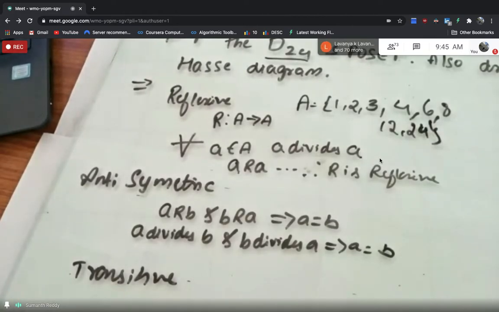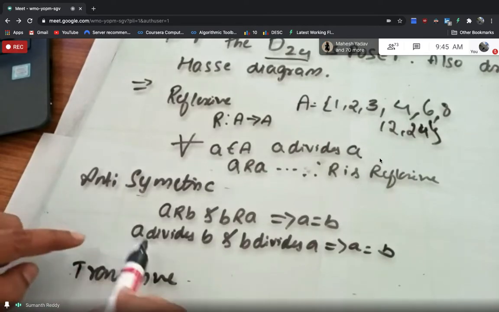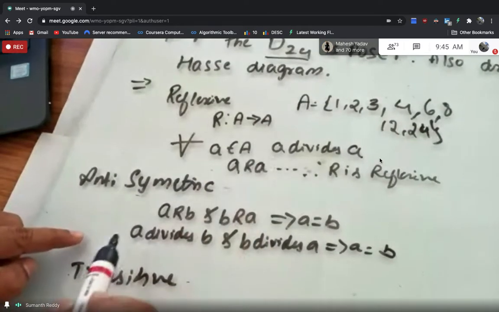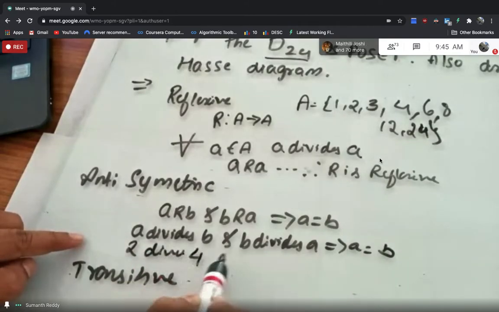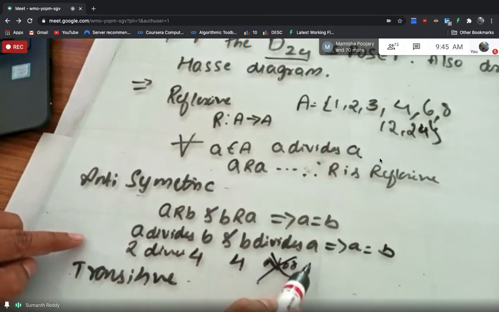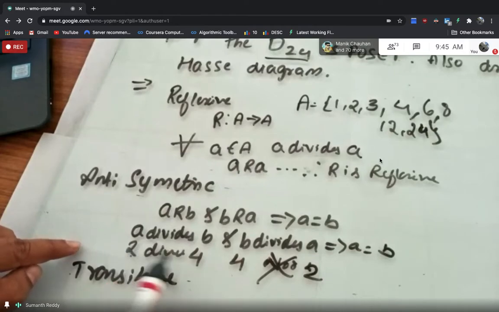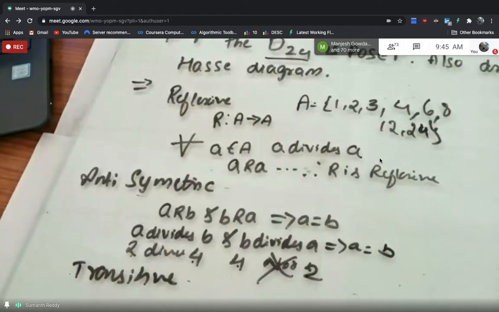Based on this, I will take an example from the set. 2 divides 4, but 4 will not divide 2. So I can say 2 is related to 4, but 4 is not related to 2. And in fact, I need not think about whether 4 and 2 are equal or not.